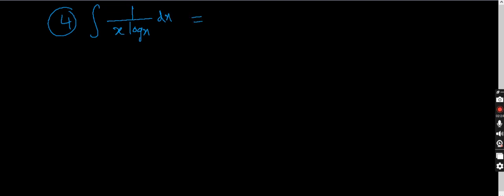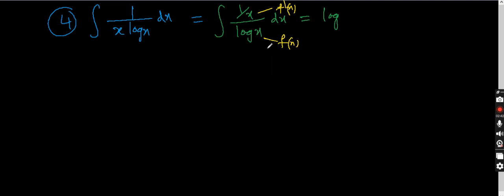Here we can write 1 by x by log x. So this is f of x and this is f dash of x. In this case we can write log of f of x, that is log of log x plus c.